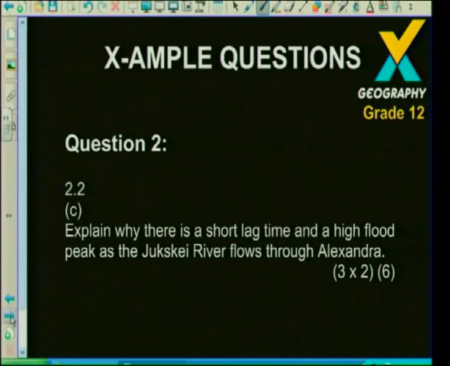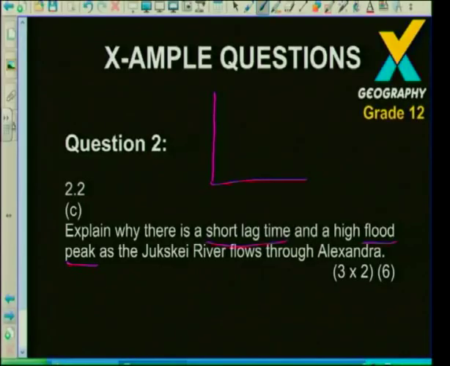2.2c, explain why there is a short lag time and a high flood peak as the Yaxkay River flows through Alexandra. Just importantly, a reminder, when we refer to lag time, we are looking at the time that it takes from when it rains to when we see a flood peak on our hydrograph.